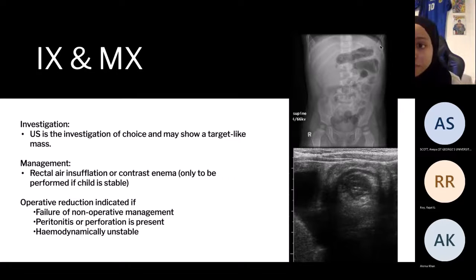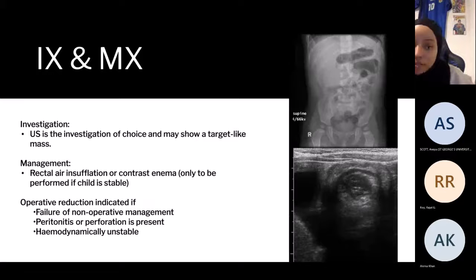So with perforation, you'll get air under the diaphragm. Then, or they're again hemodynamically unstable, you would want to take them to surgery and reduce it in surgery. I hope that makes sense, guys.